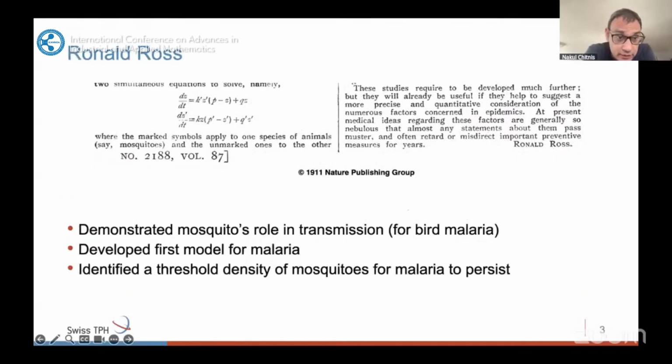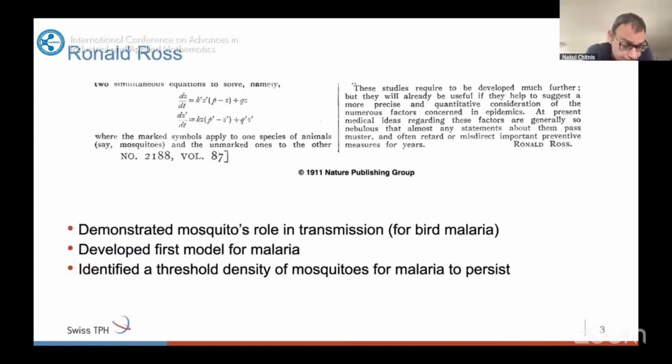And now to modeling. The first ordinary differential equation model for any disease was published by Ronald Ross in 1910 and then in 1911. And here you can see the equations, which are still the same kinds of equations we use today when we talk about malaria models, often now called the Ross-Macdonald model.